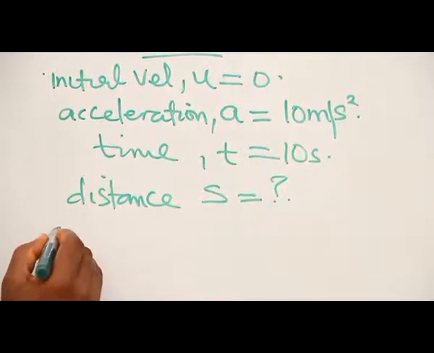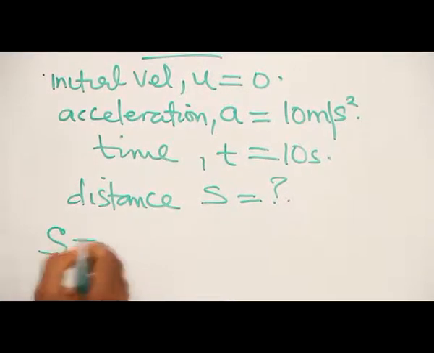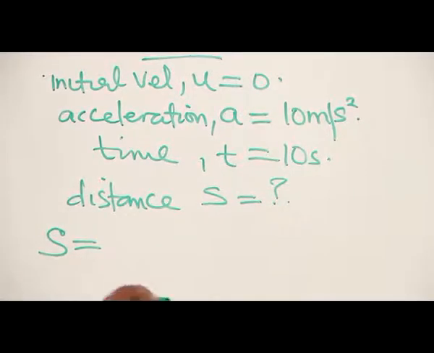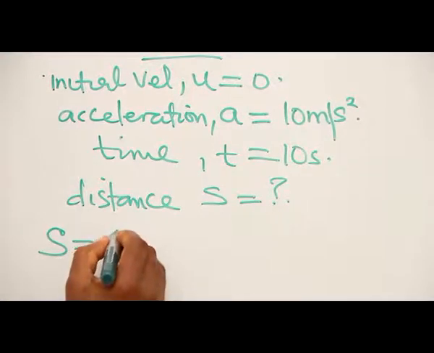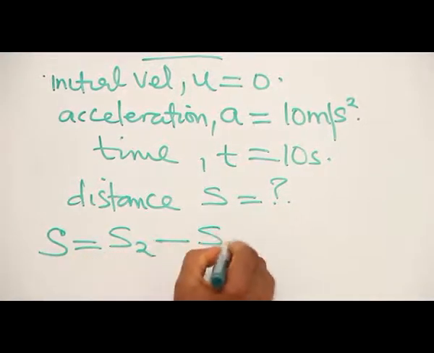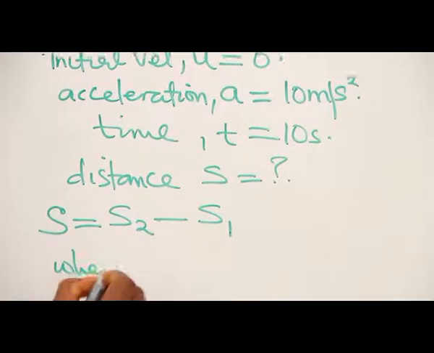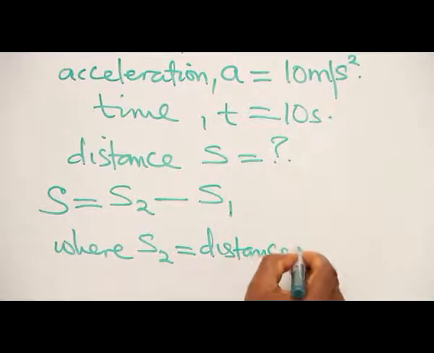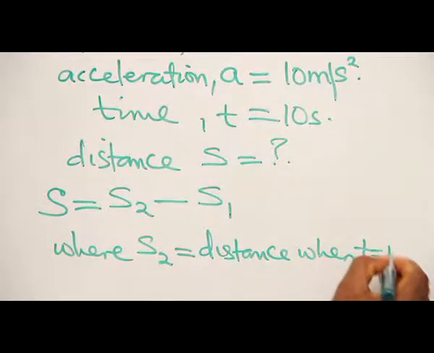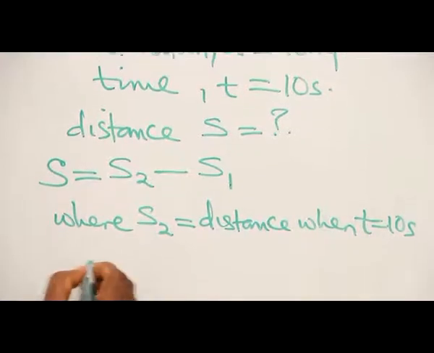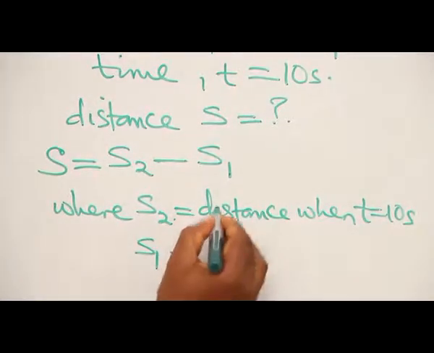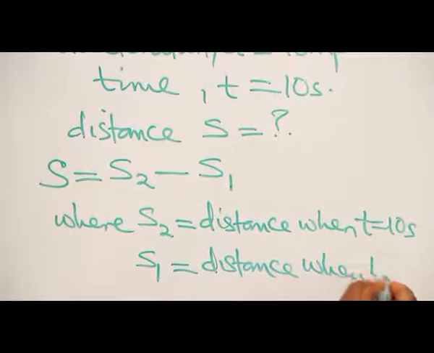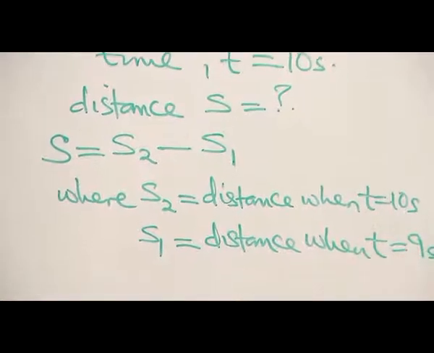The distance we are looking for is the distance covered when the time was 10 seconds minus the distance covered when the time was 9 seconds. S2 minus S1, where S2 equals distance when t is 10 seconds and S1 is equal to distance when t is 9 seconds.